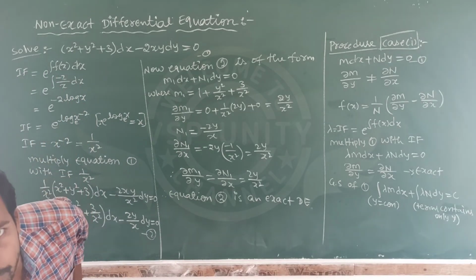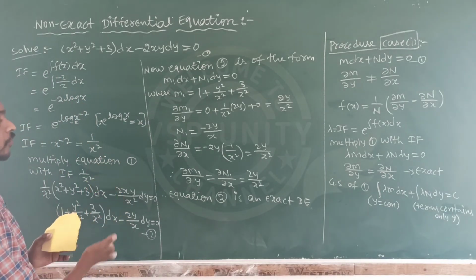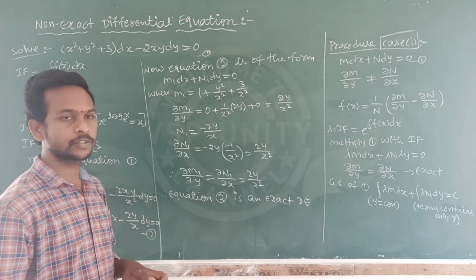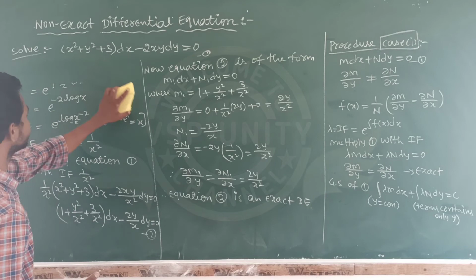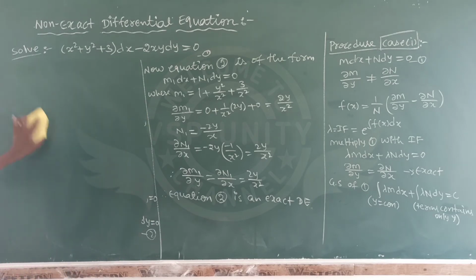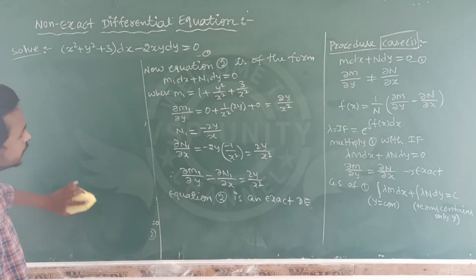Then we have to proceed like exact form. Like how we did in exact differential equations, like that we have to find the general solution. If you observe here, it is an exact form.